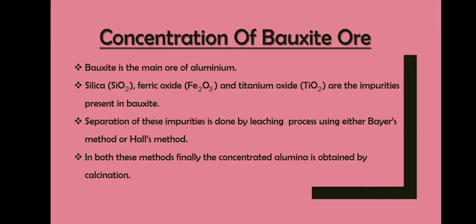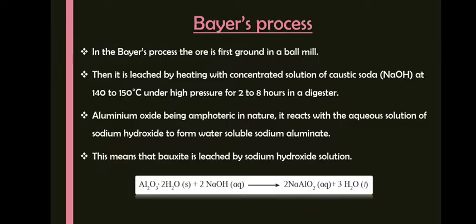In both these methods, finally the concentrated ore is obtained by calcination. Now what do we do in Bayer's process? In Bayer's process, the ore is first ground in a ball mill. Then it is leached by heating with concentrated solution of caustic soda at 140 to 150 degrees Celsius under high pressure for about 2 to 8 hours in a digester.